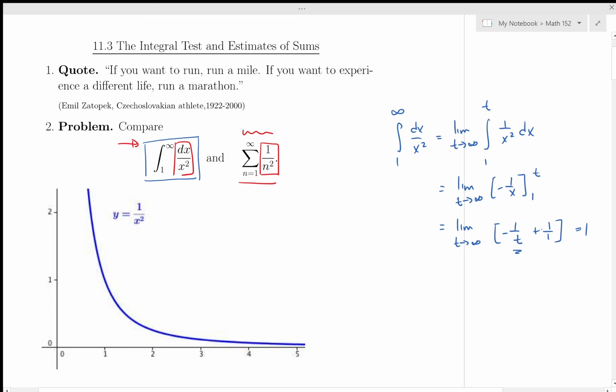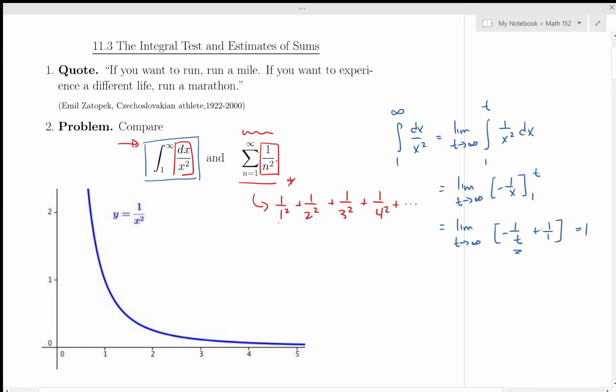Okay, I'm now going to draw a picture of what this sum looks like on the same graph. So what are the numbers here? It looks like this: 1 over 1 squared plus 1 over 2 squared plus 1 over 3 squared plus 1 over 4 squared plus ... It's the sum of the reciprocals of the squares.